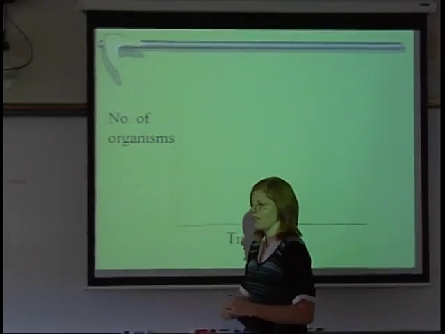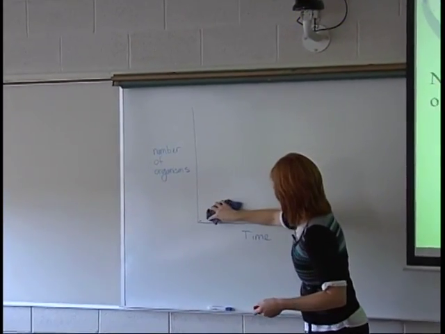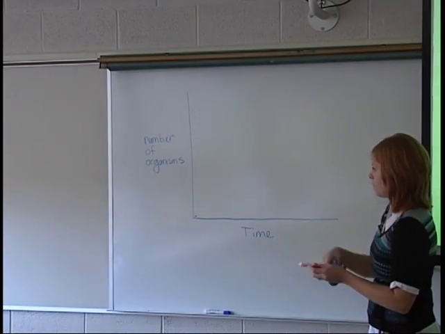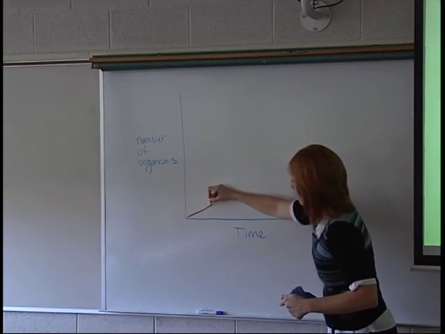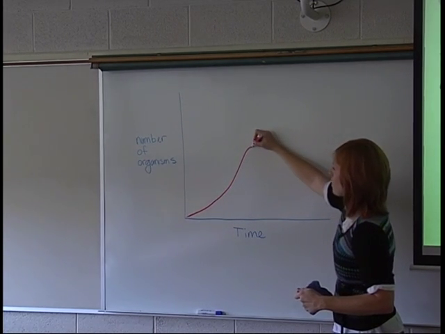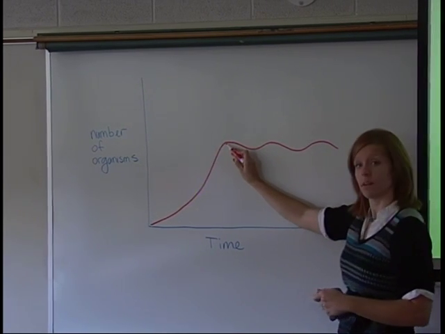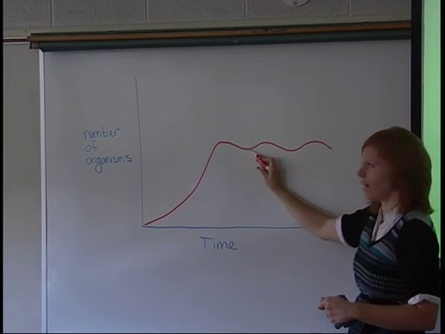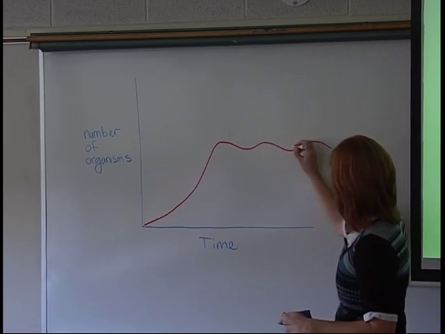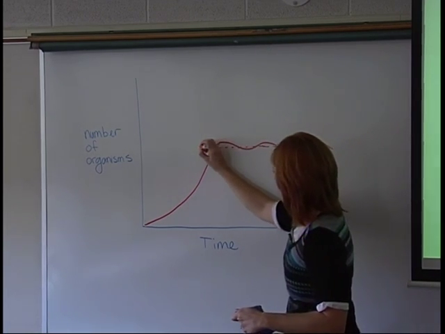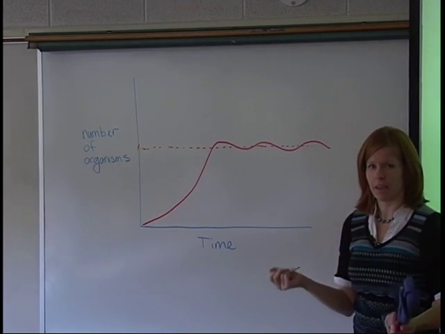So let's come back over here and do another graph that shows carrying capacity. We can stay with the same X and Y, time and number of organisms. For carrying capacity, you're going to see the population will grow, but then it stops growing, and over time it takes on a curve like this, where it's going up, then down, then up, then down. Whatever the rough average is between that population going up and going down would be the carrying capacity.